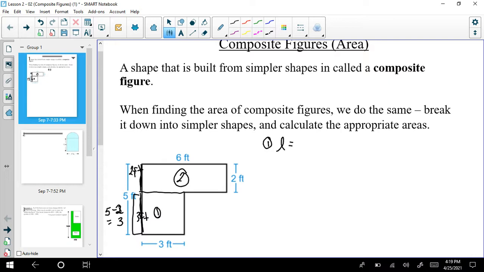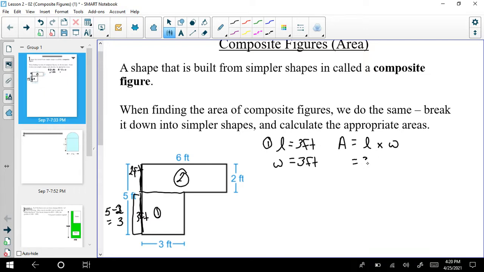I know my length for figure 1 is 3 feet, and my width is also 3 feet, right? And I know that my area equation for this figure is length times width. So now I just take the information I know and plug it in to get my area.